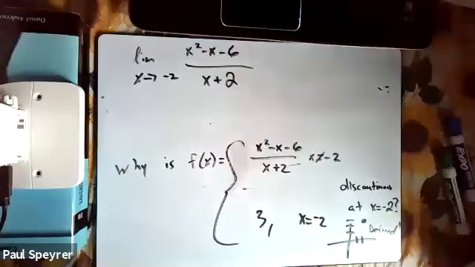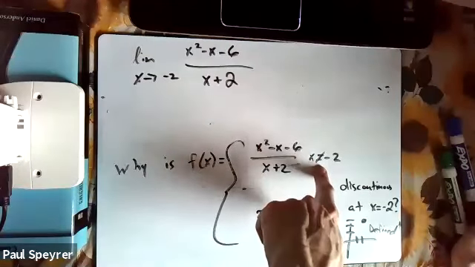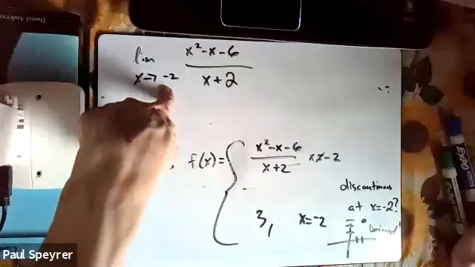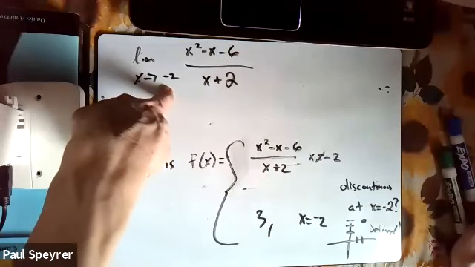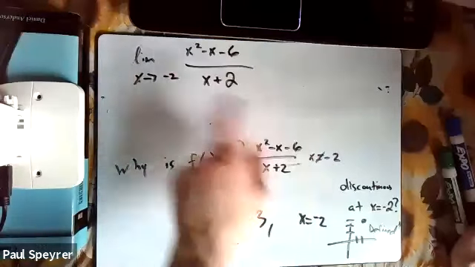You may be thinking, well, why is it that we're finding the limit of this thing when this says x cannot equal 2? Remember, limit's about the journey. It's about you getting or approaching that number. It's not about equaling. So that's why we're able to do this right here.